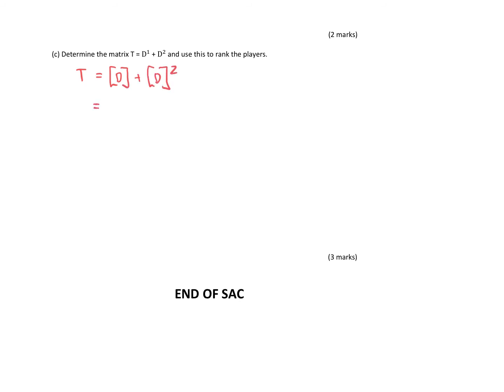So if we do that on the calculator, I go that one, the first one, plus the squared one, and then you get the answer. So you write out what you have there. And this is the total of 1 step, 2 step dominance. And this is often what they say will determine a winner of a tournament.